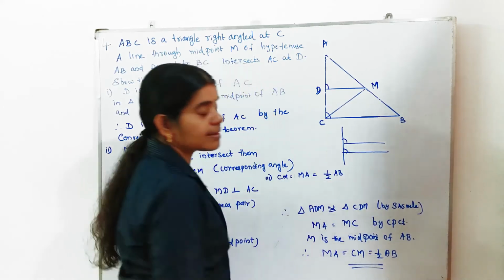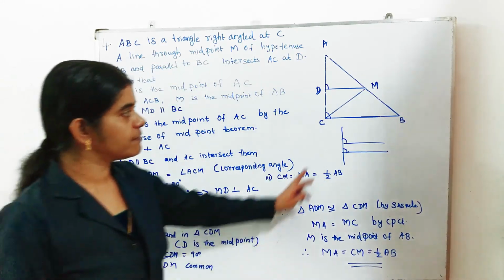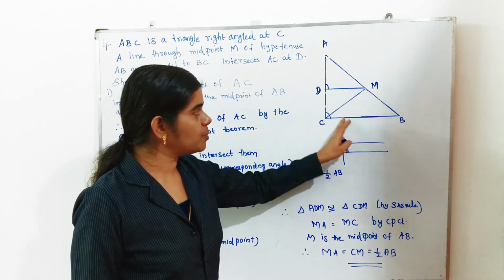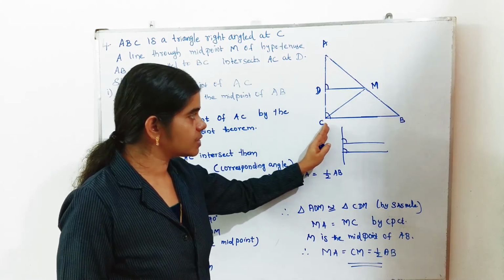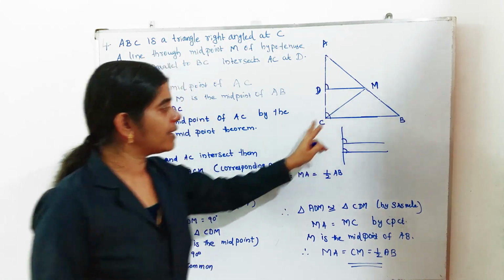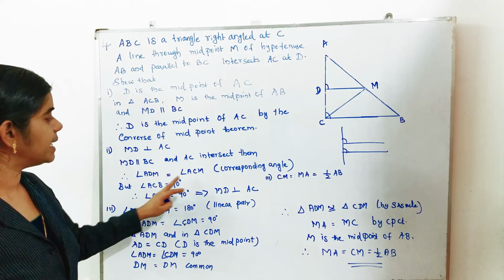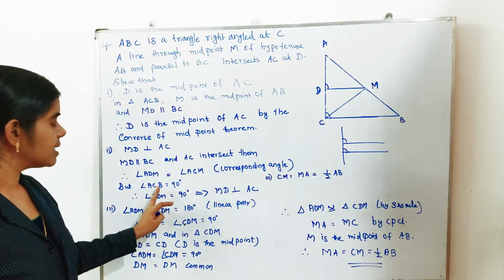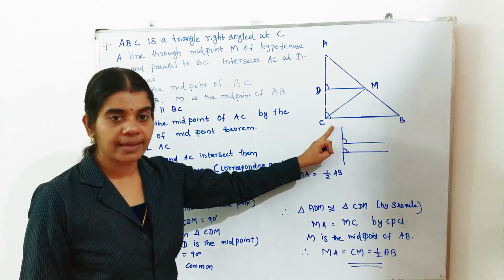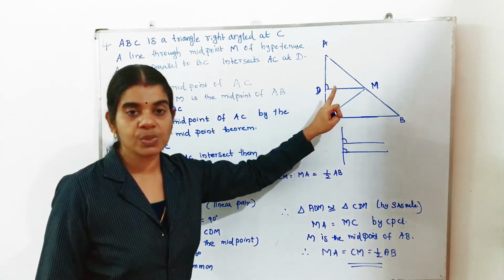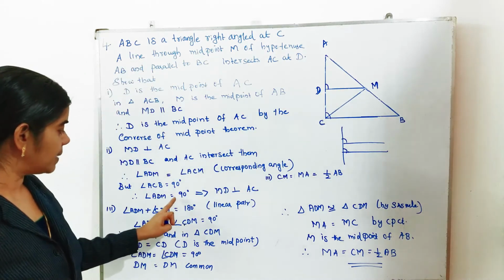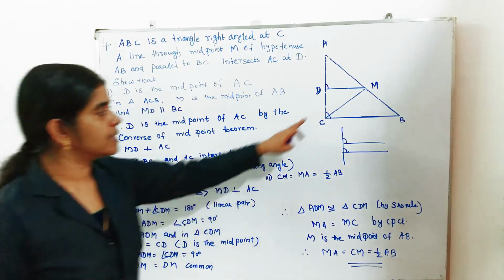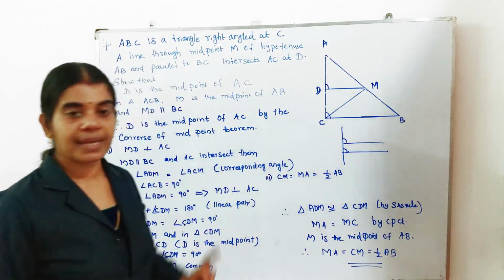The same way, DM is parallel to BC and AC is a transversal. Angle ADM is equal to angle ACB, that is corresponding angles. ACB is already given as 90 degrees. So ADM is also 90 degrees. That means this line MD is perpendicular to AC.